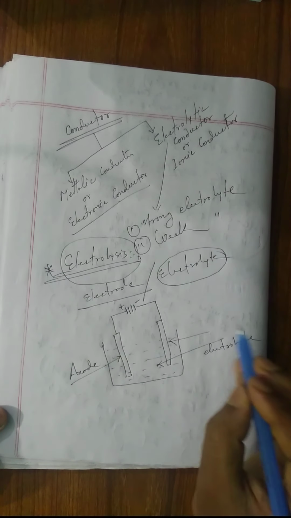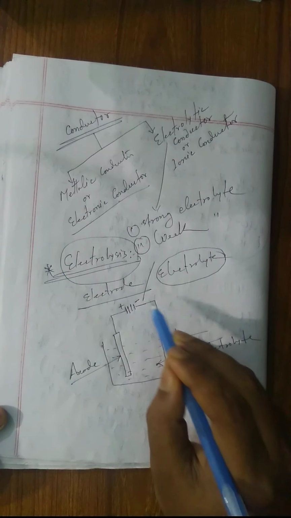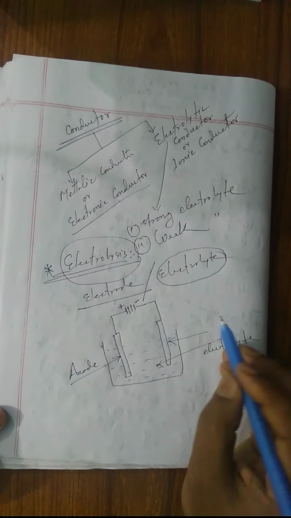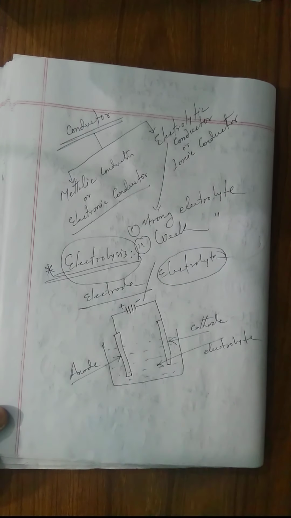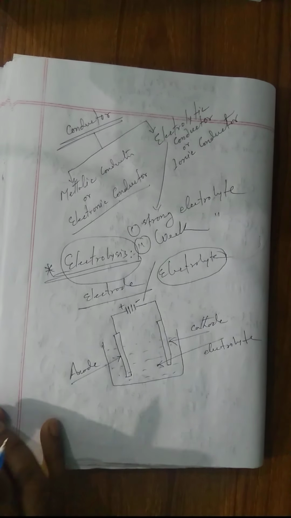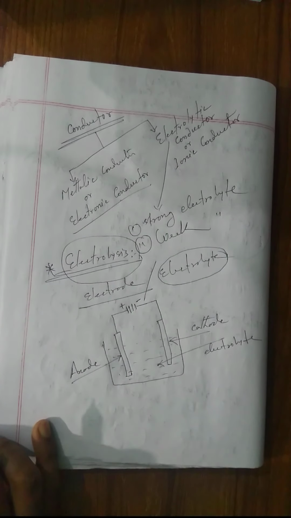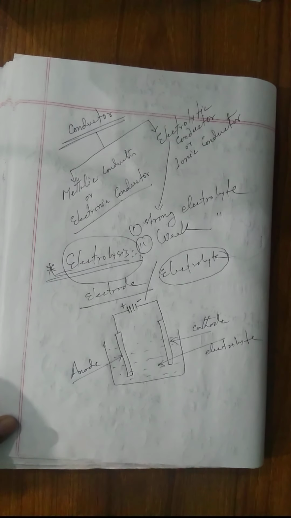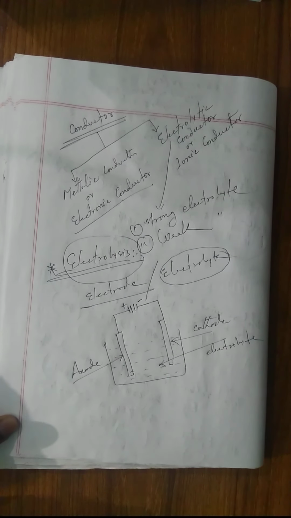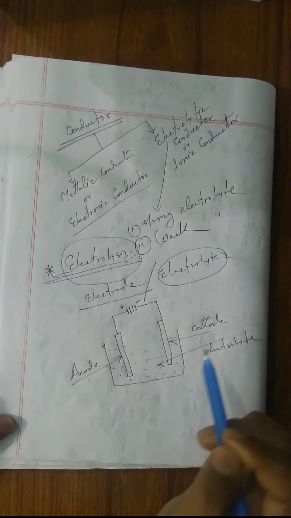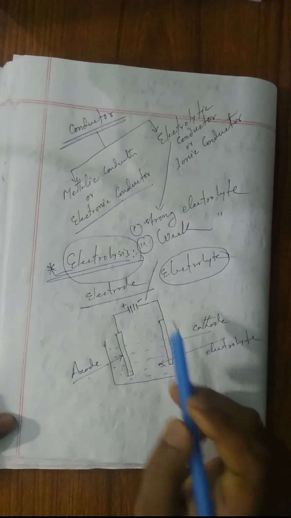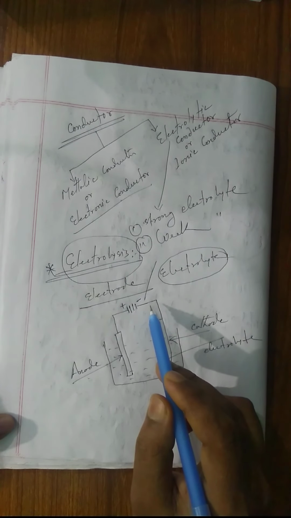And the one connected to the negative port of the battery is cathode. So electrodes are of two types, anode and cathode. Anode is connected to the positive port of the battery, and cathode is connected to the negative port of the battery.